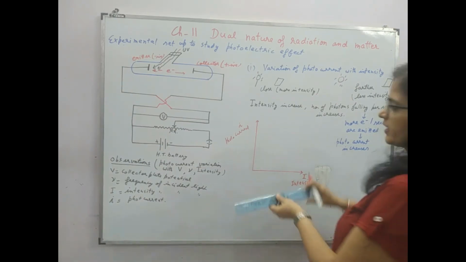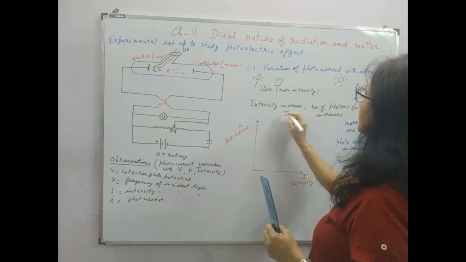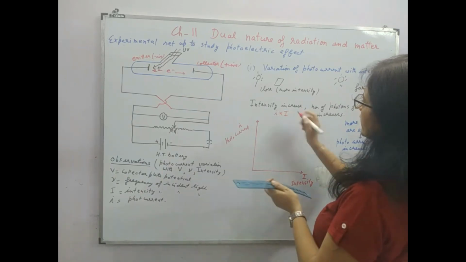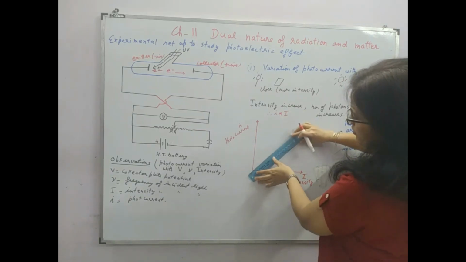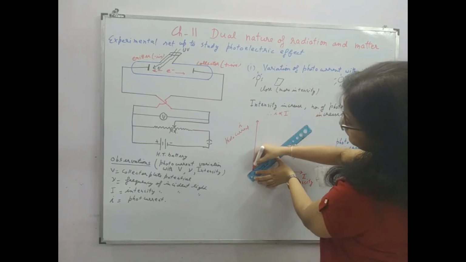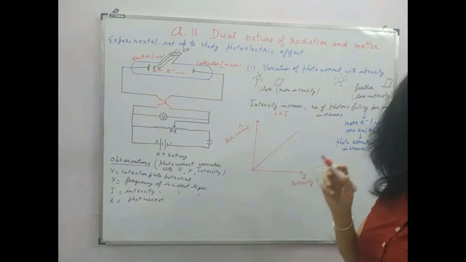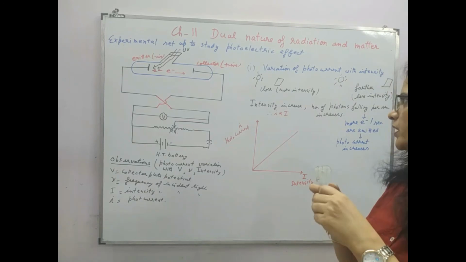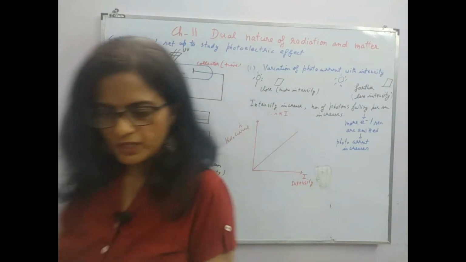So there is a direct proportionality. You can say that i and I are directly proportional. So here the graph is like this. We'll discuss the second observation on the next page.